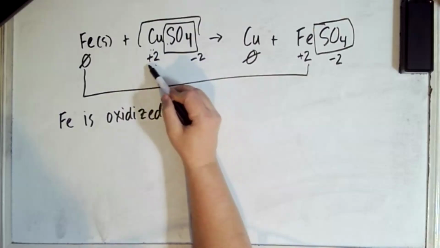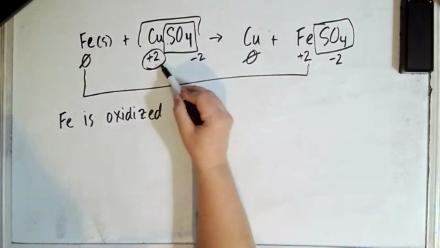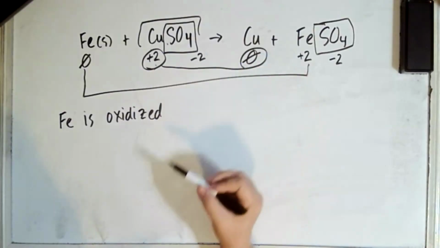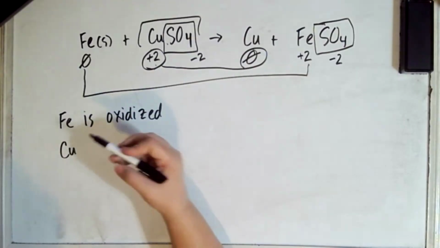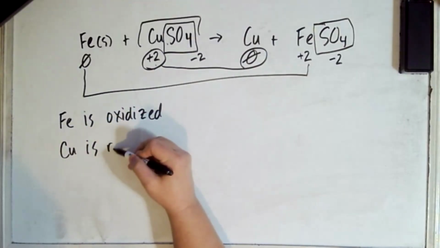Your copper went from a +2 down to a 0, so it got more negative. That means it must have gained electrons. So your copper is reduced.